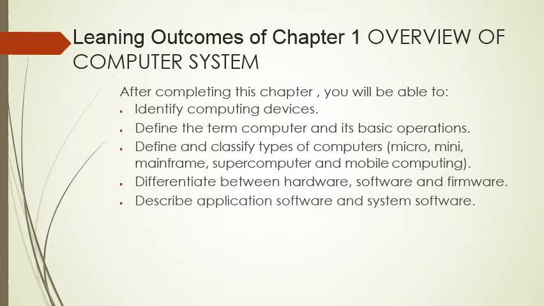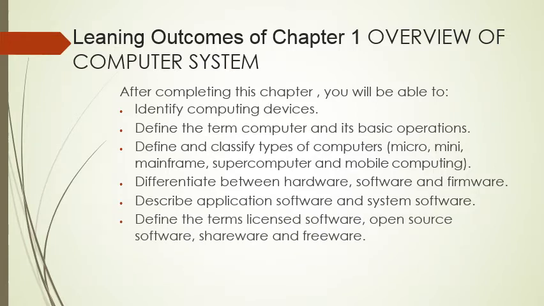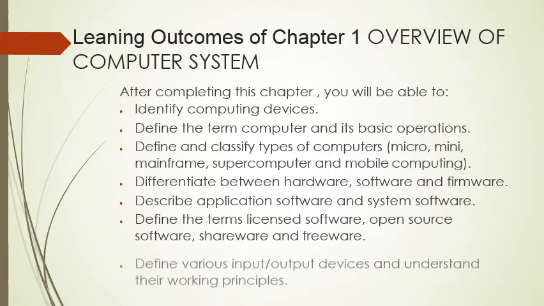Describe application software and system software. We will elaborate on software in further detail. Software is categorized in 2 categories, which are application software and system software. Some other categories of software are also going to be explained, which are licensed software, open source software, shareware, and freeware.